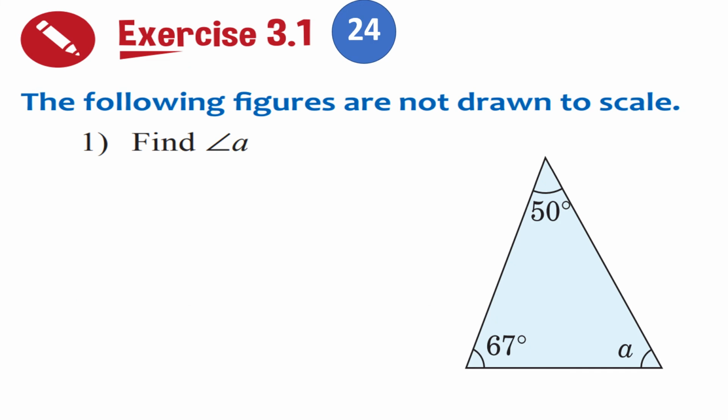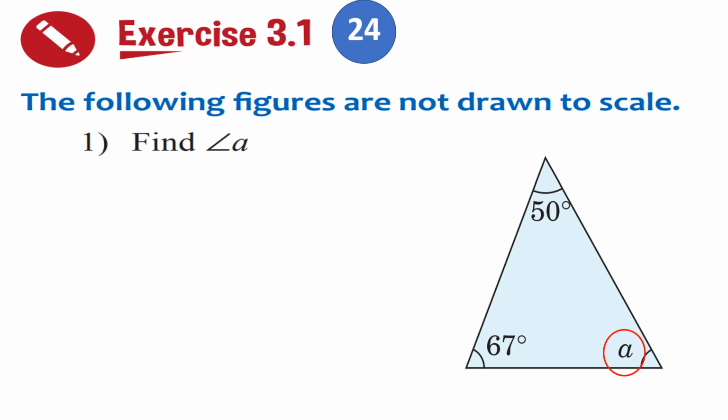Okay, students, this is your answer for your exercise 3.1, page 24. The following figures are not drawn to scale. It means the drawing here is not perfect. Number 1. Find angle A. I circle angle A here.